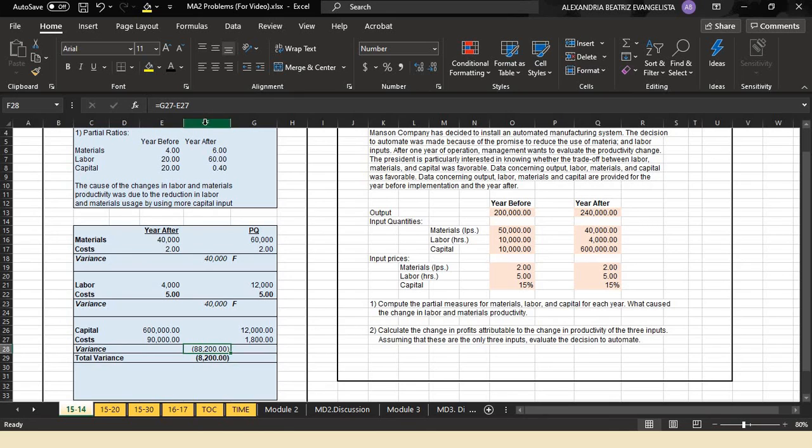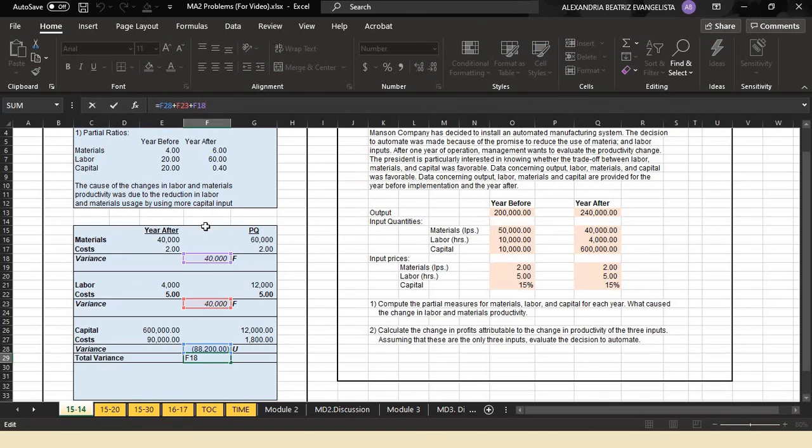And this is computed by simply deducting 1,800 costs by 90,000 costs for the after year, and that would give us 88,200 unfavorable.